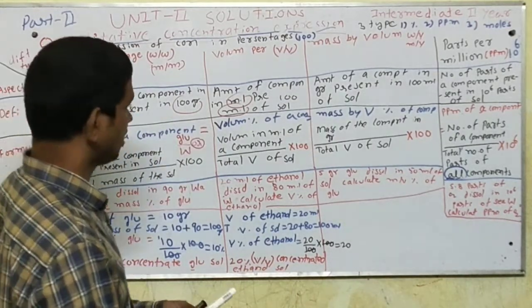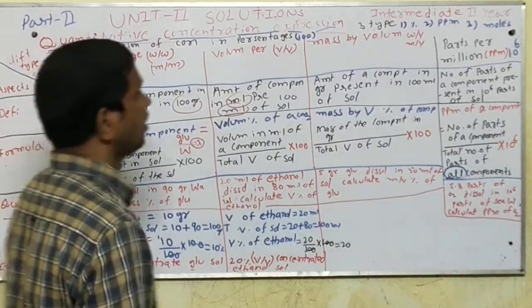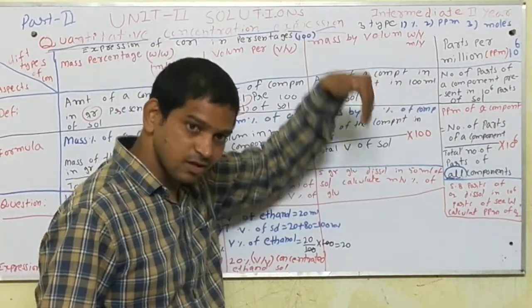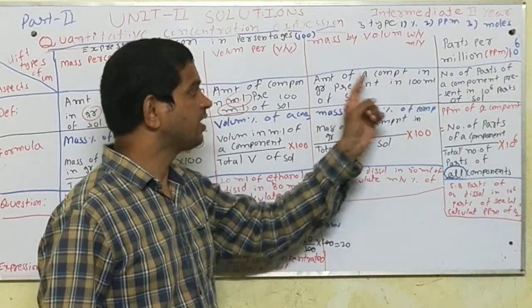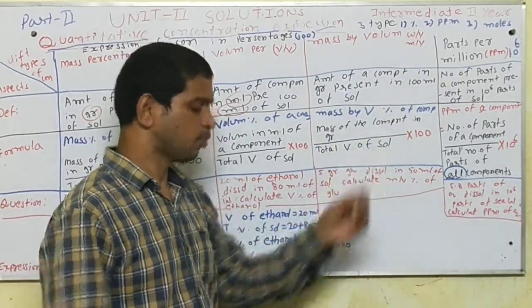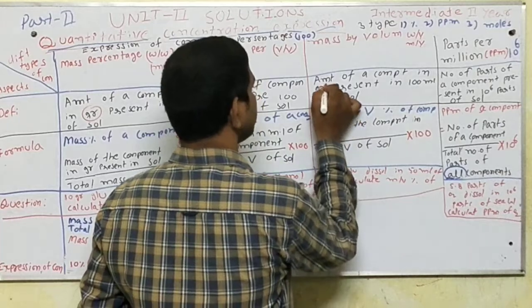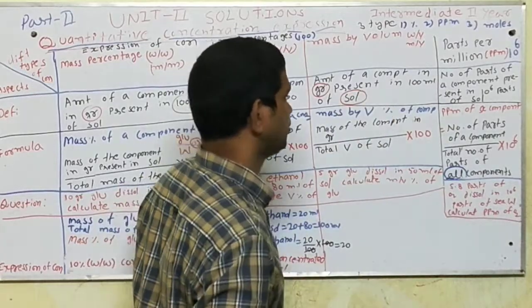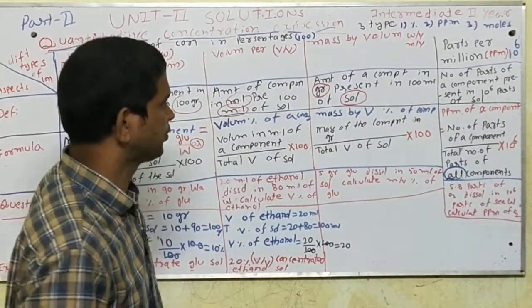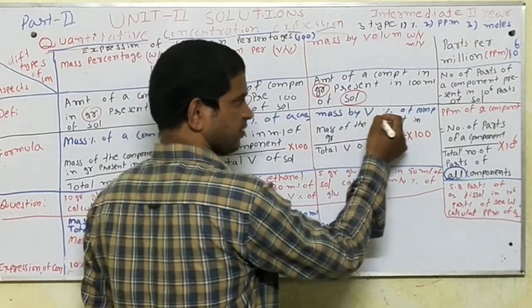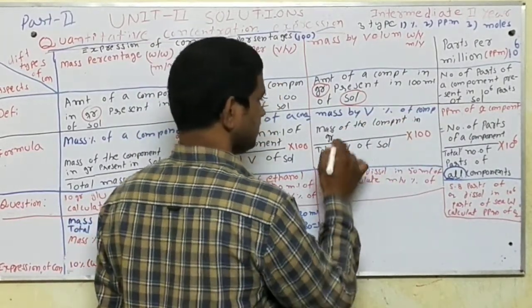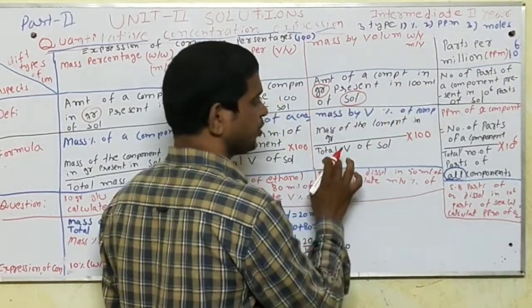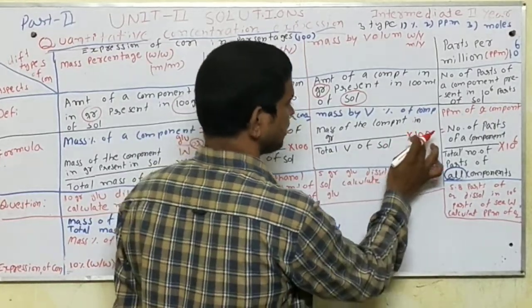Third one, mass by volume. In this, the amount of a component in grams present in 100 ml of solution. The formula to calculate mass by volume percentage of a component is mass of the component in grams divided by total volume of the solution, into 100.